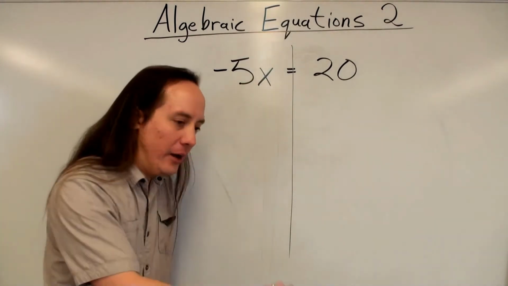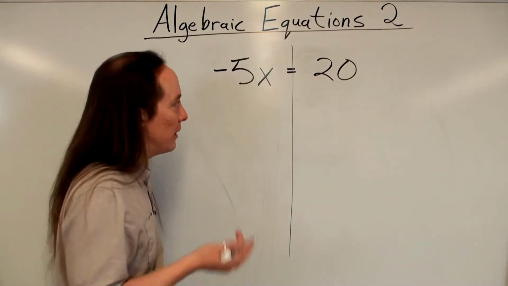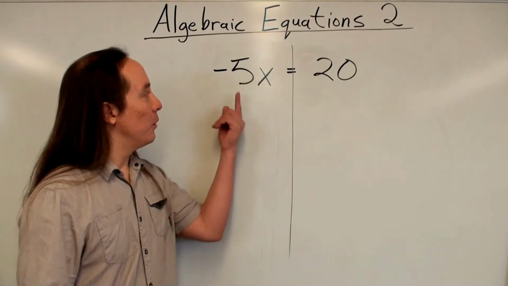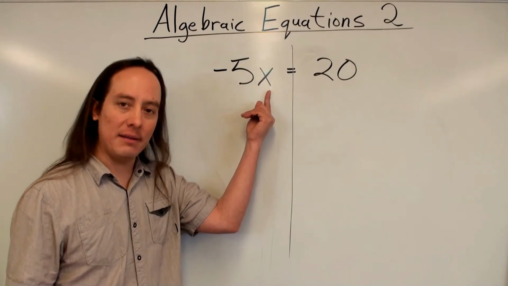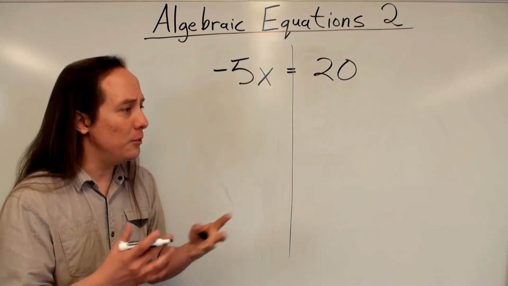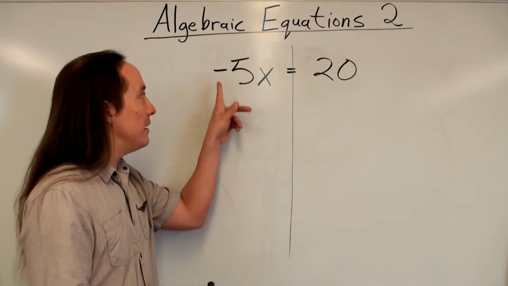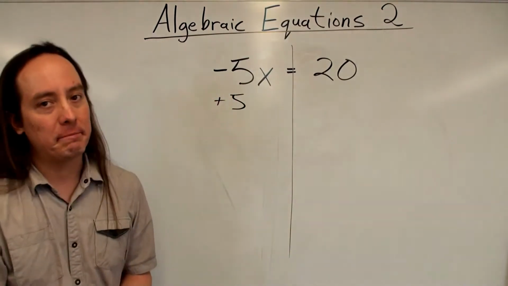Now I know that I want x by itself. So to get x by itself, I have to do the opposite operation with the number that's together with x. I know that x is not by itself, it's hooked together with minus 5, and I need to do the opposite of that. This is where students might get confused. They see a negative here and they say, well, the opposite of negative is positive, and they'll do that.